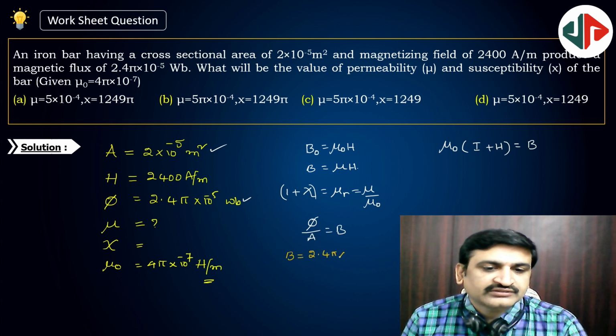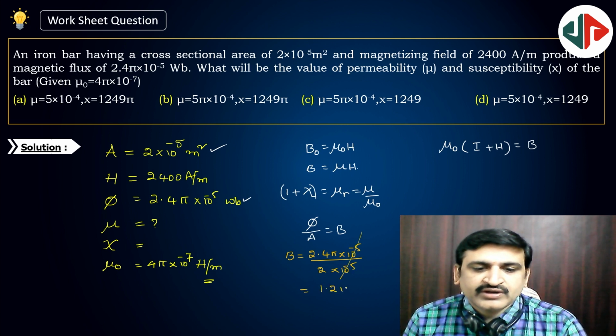2.4 pi into 10 to the power of minus 5 by A, which is 2 into 10 to the power of minus 5. This gets cancelled. This is 1.2 pi Tesla.